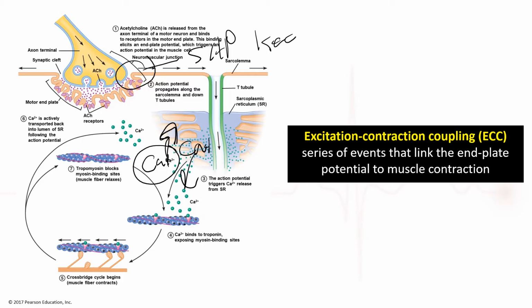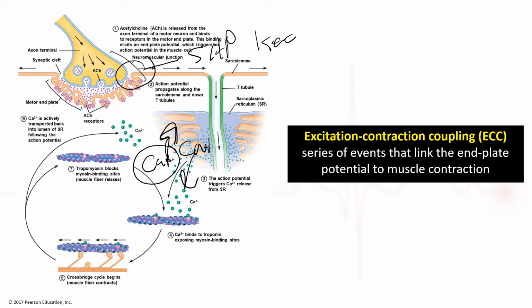If it generates 5 action potentials over the course of a second, we call that 5 hertz. That's how we study that in a lab. If a skeletal muscle fiber, any type, slow twitch, fast twitch, whatever, only generates 5 action potentials over the course of a second, it's still not going to generate max force. There's no way. There's no chance.